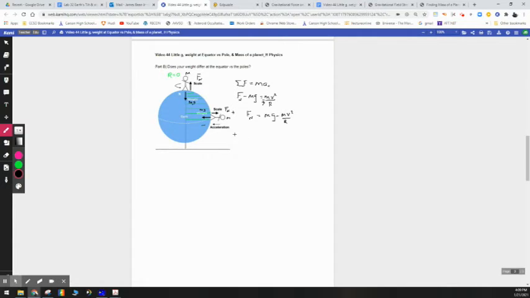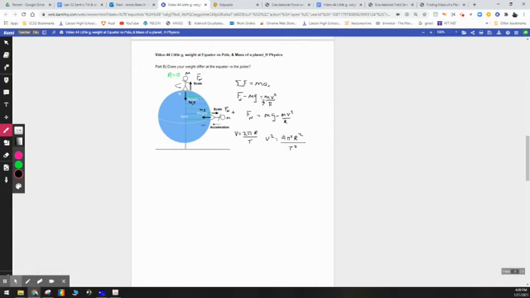So if I do the expanded form, we have to think about that v, the speed, is equal to 2 pi r divided by t, like so. So if I were to do v squared, that would equal 4 pi squared r squared divided by t squared, like so.